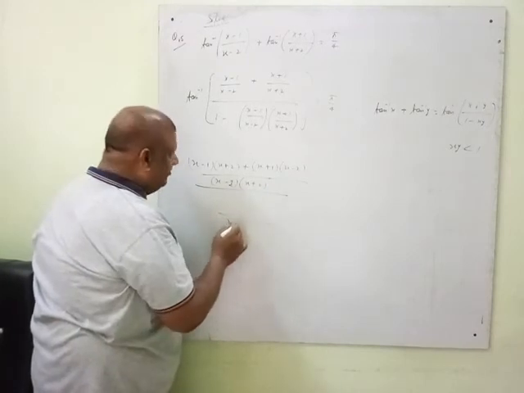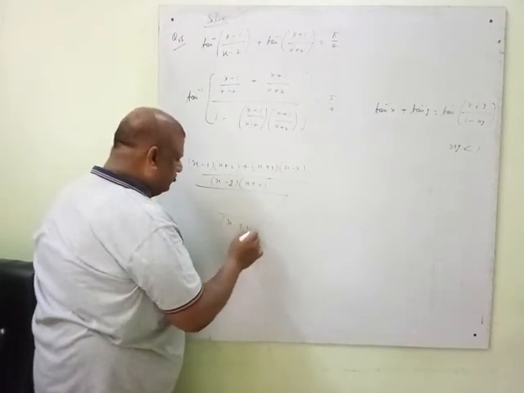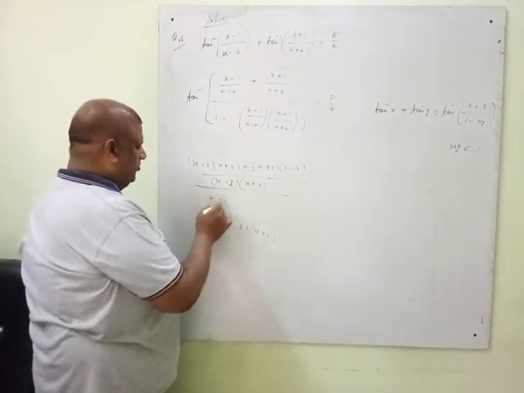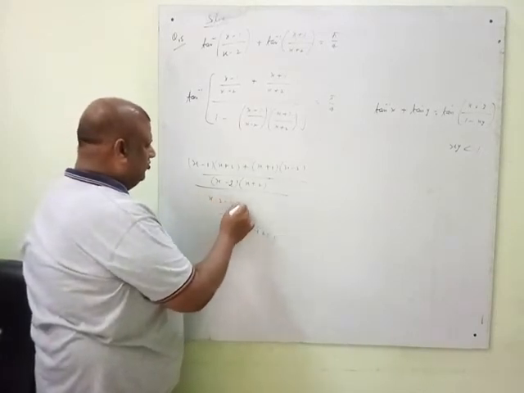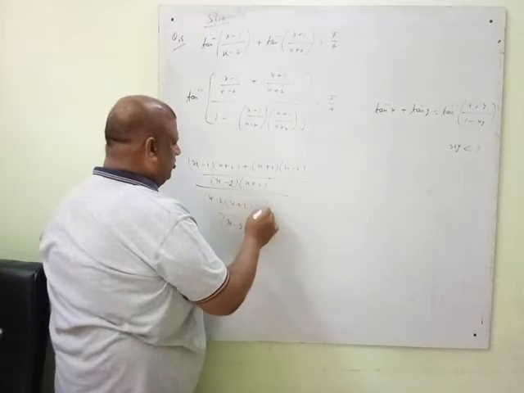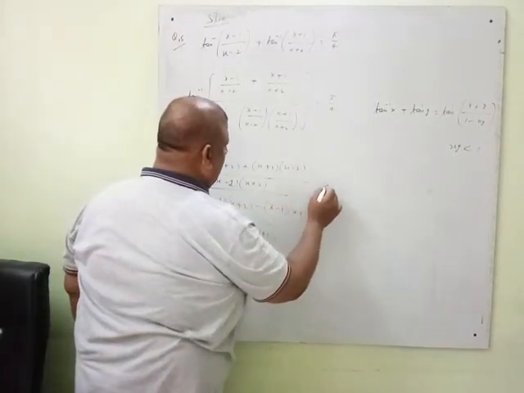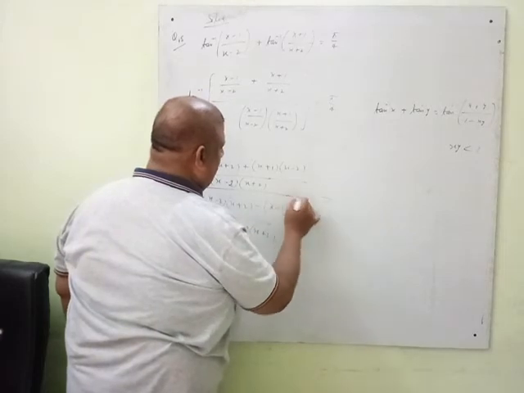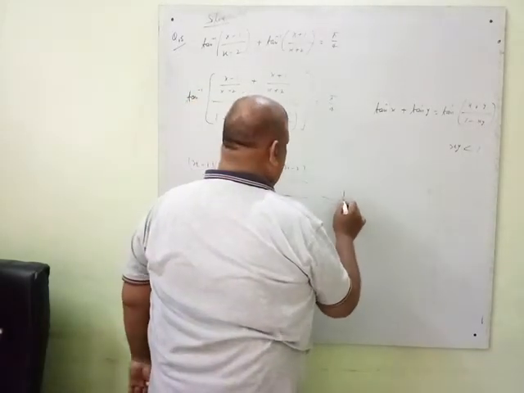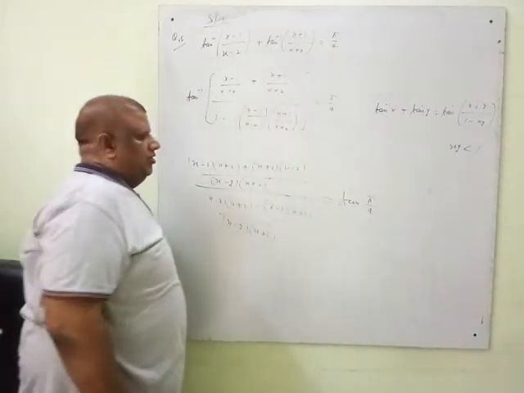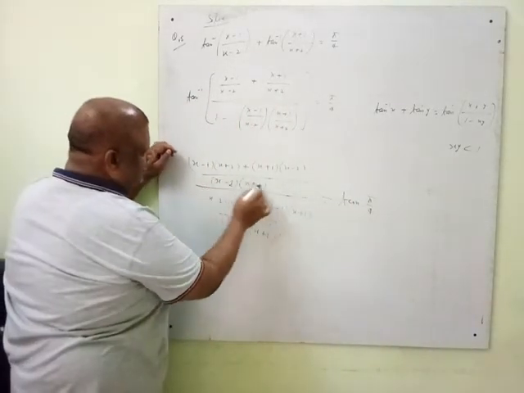Here again LCM x minus 2, x plus 2, over x minus 2 into x plus 2 minus x minus 1 into x plus 1, and this is equal to tan pi by 4. LCM cancels with LCM.